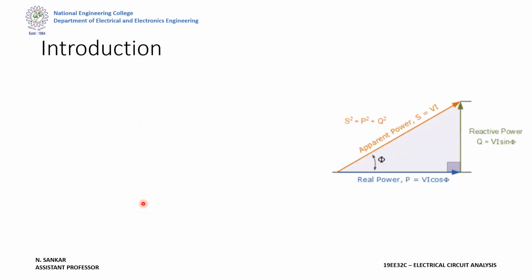Before that, I just want to recap the formulas we used. First, real power is nothing but voltage into current into cos theta, where V and I are both RMS values.